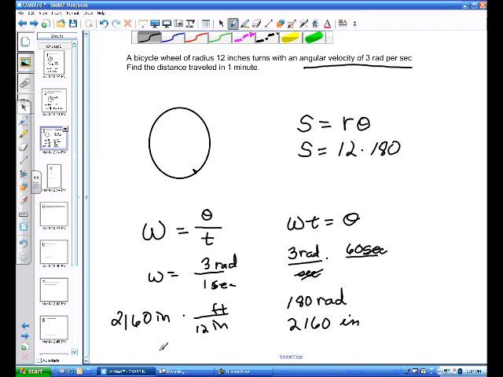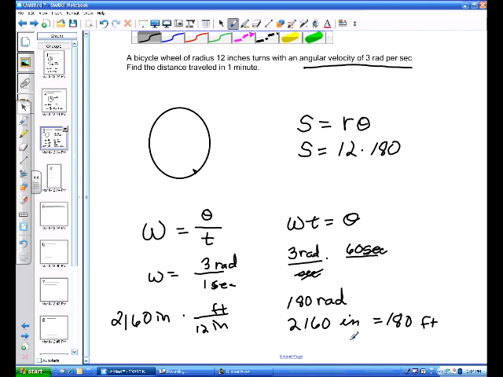So we could divide that by 12 and come up with 180 feet. Depending upon what you were asked, this problem doesn't tell us how we want our answer, but that gives us a way of knowing. So we've got our distance traveled.